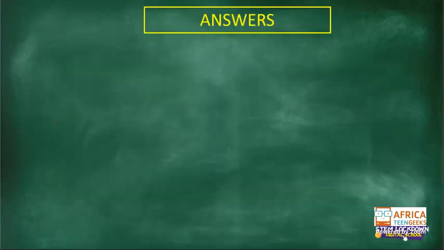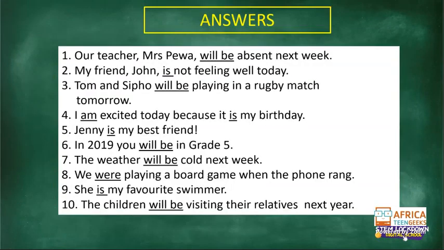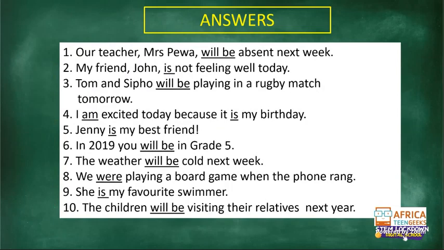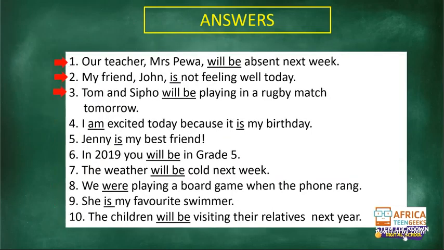So we had will be, is, will be, am, is, will be, were, is, will be. Give yourself a mark out of 10. I wonder how you did. Good. I'm very pleased with what we just heard. Was that Tabu? Very good. Okay, let's go on.